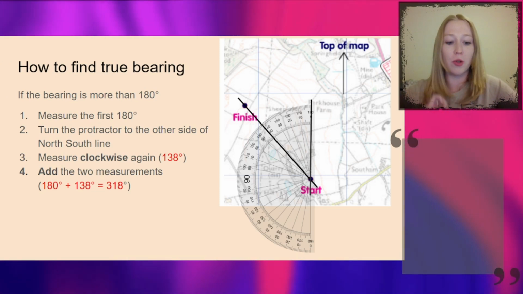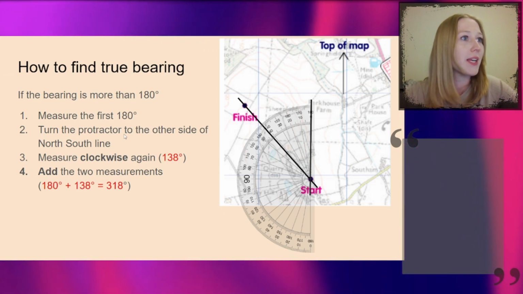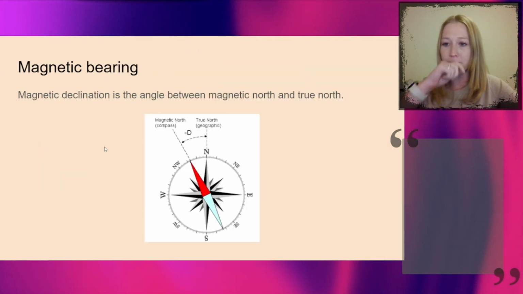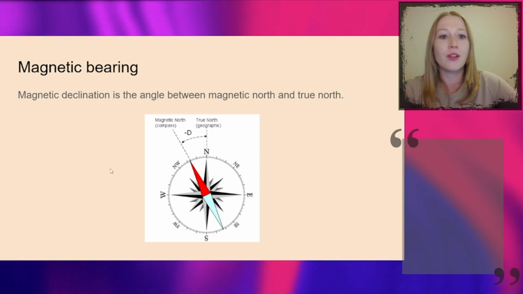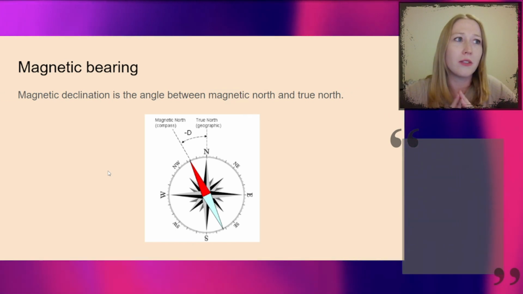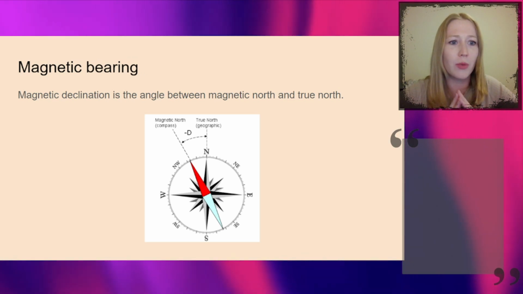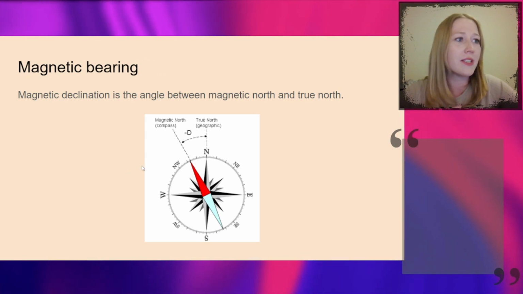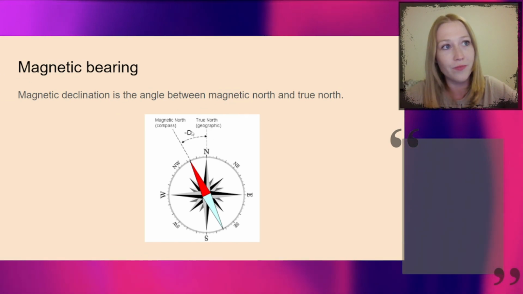Now it's going to get a little bit more complicated when we look at magnetic bearing. We said that magnetic north is not in the same line as true north.